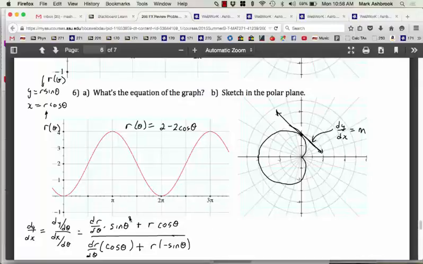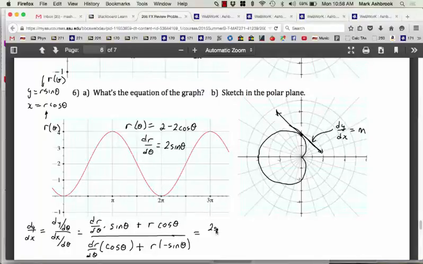Okay, so for this one, what is dr d theta? Dr d theta is 2 sine theta. And r is 2 minus 2 cosine theta. So let's do the whole thing.